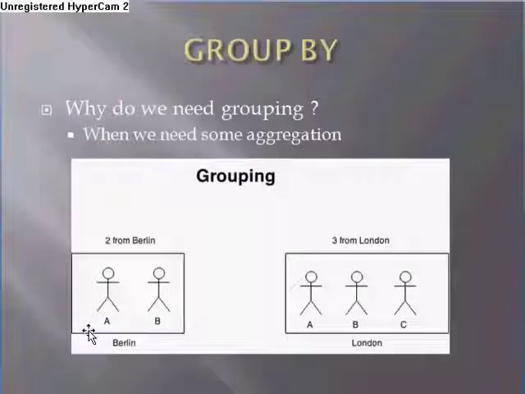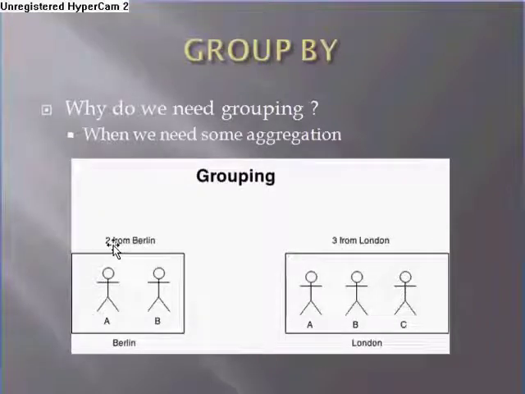If I say person with name A, person with name B and C, and I'm asking for a particular person, this is not grouping, this is a detailed record. But when I say there are two people from Berlin and three people from London, that means I am grouping all the people from Berlin as number 2, and I am denoting all the people from London as 3.